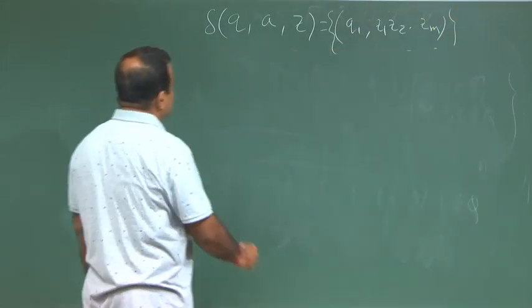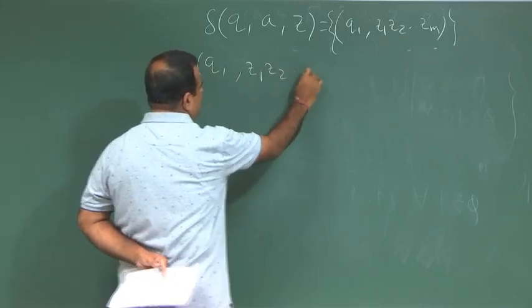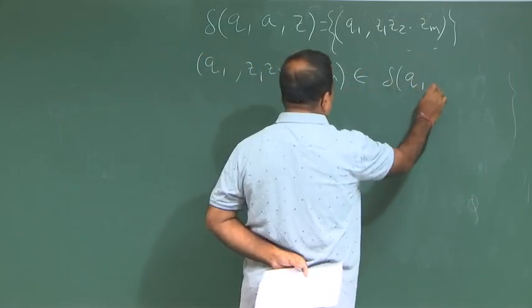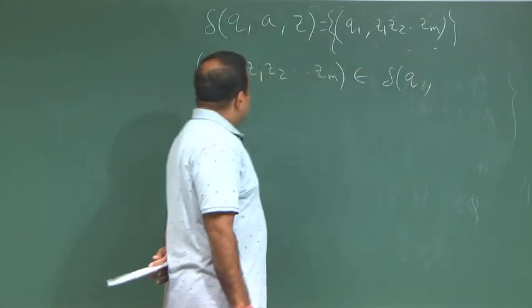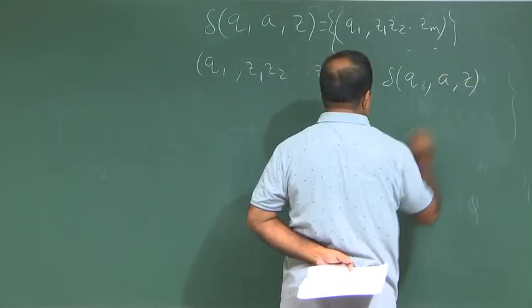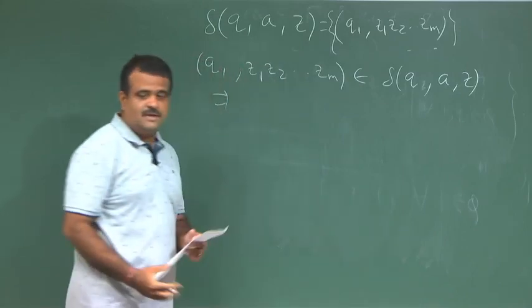So this Q 1, Z 1, Z 2, ..., Z m belongs to delta of Q comma A comma Z. This will yield some productions in the P.